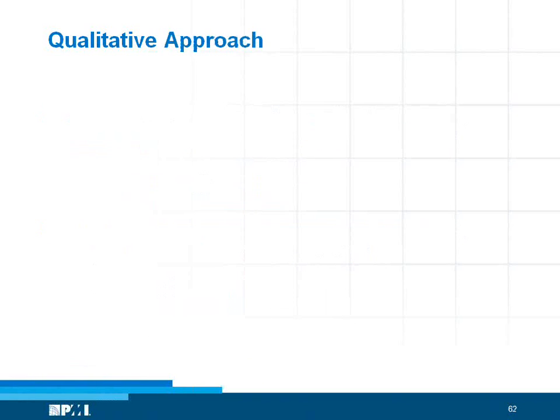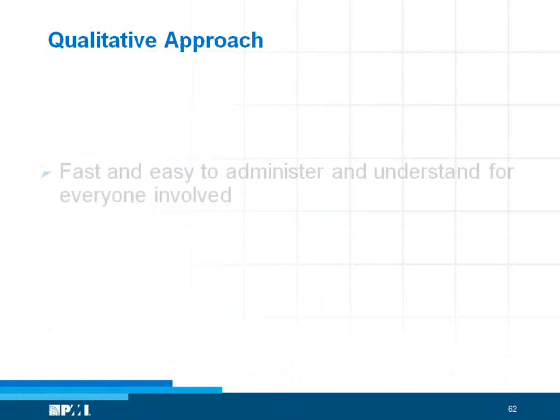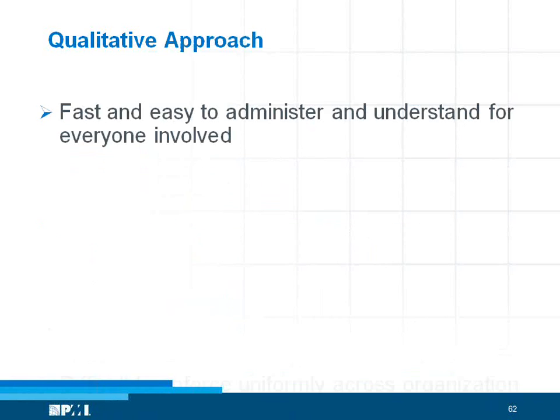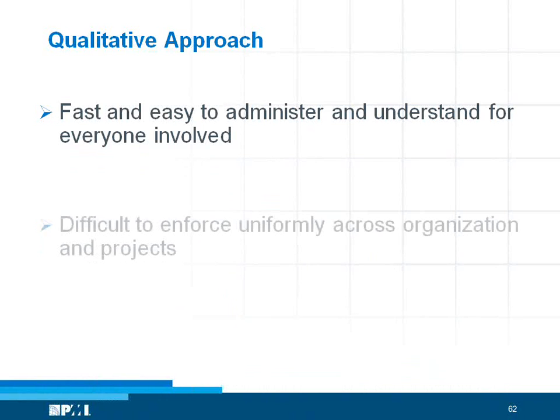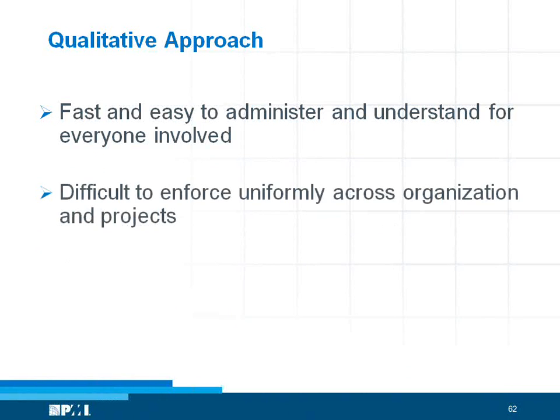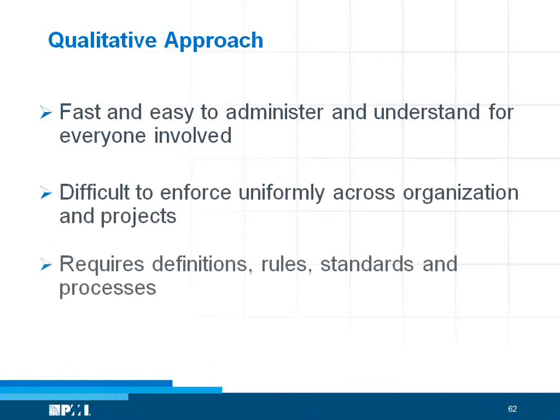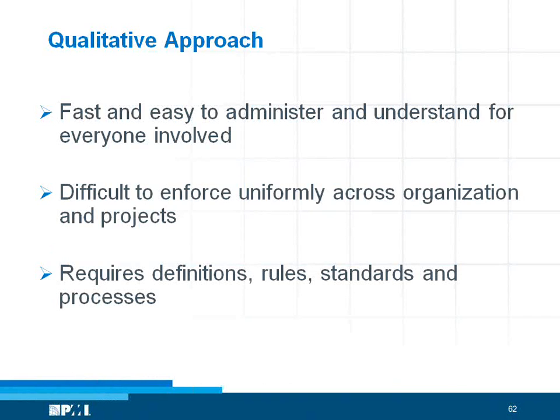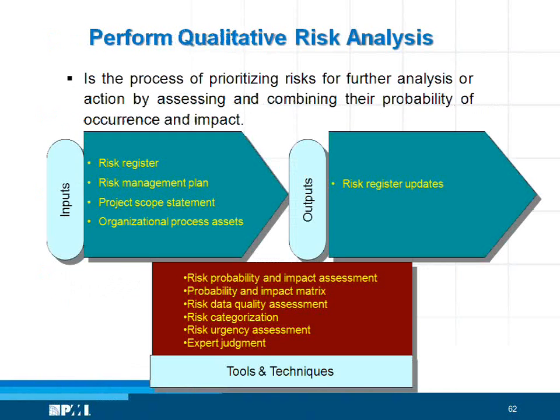So that's a typical 10 weeks delay and things like that. It's easy to administer, and naturally everybody understands. The only thing is you need definitions. It is difficult to enforce unless you have some definition. That's why I gave you the definition: what is meant by low, what is meant by major, what is meant by catastrophic. All those rules and processes have to be defined first.